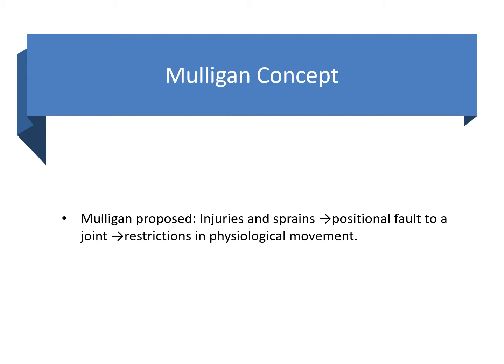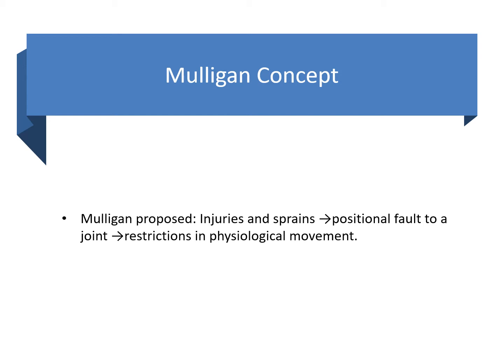So Brian Mulligan found that if there is an injury or a sprain in the joint, there are very subtle positional faults in the joint. He found that some dysfunction is caused due to an injury or a sprain, which restricts the physiological movement and the normal range of motion.